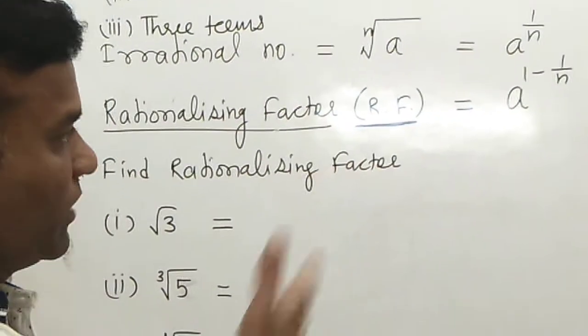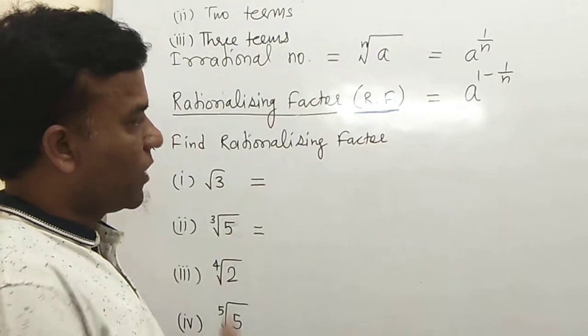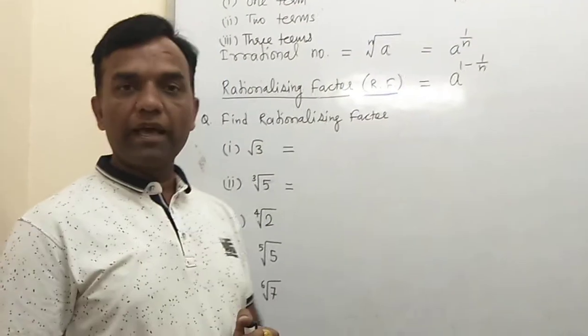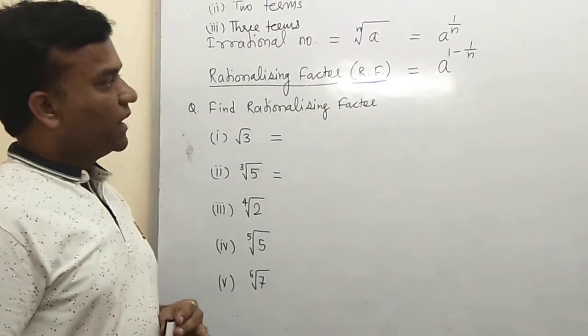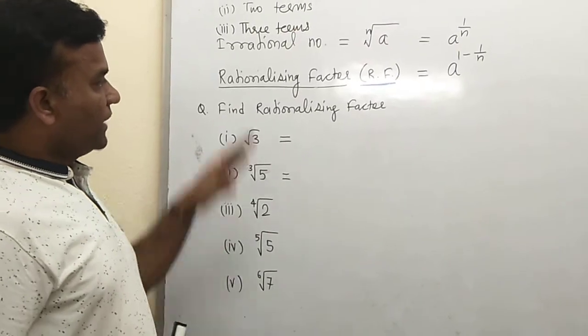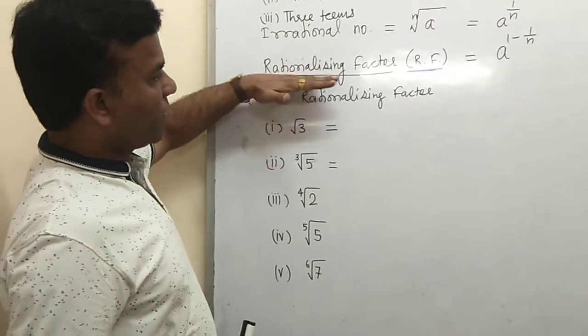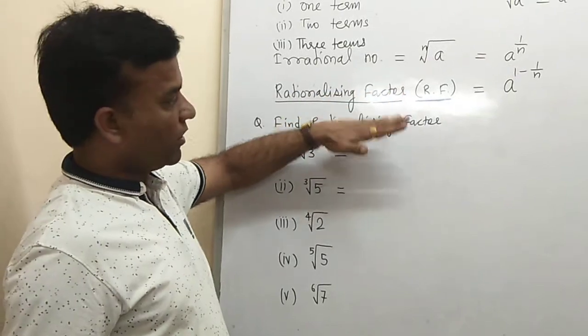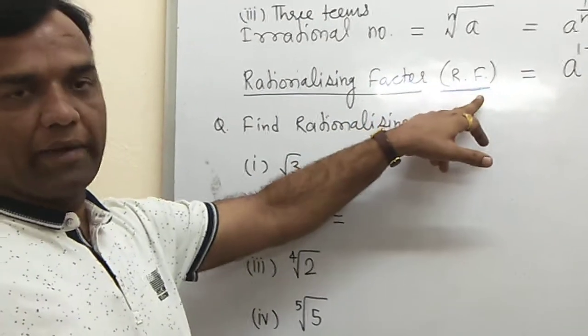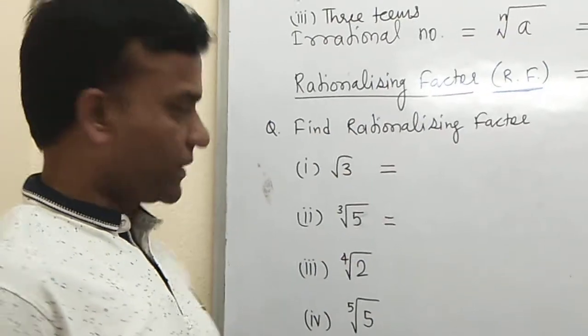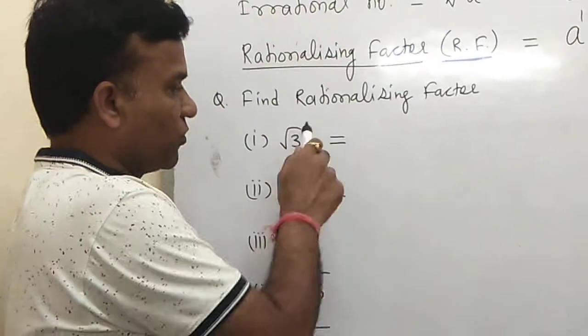If this is not clear, then we explain with the help of examples. Some examples we write down, and then how you find the rationalizing factor. In the following questions we always use the shortcut RF for rationalizing factor. So the first question is root 3.